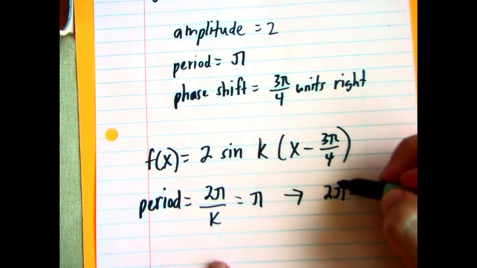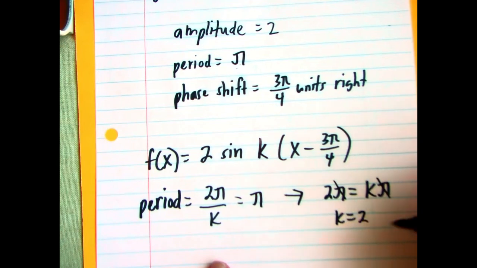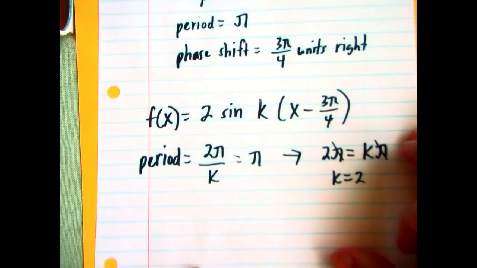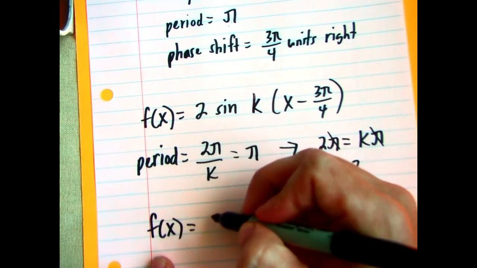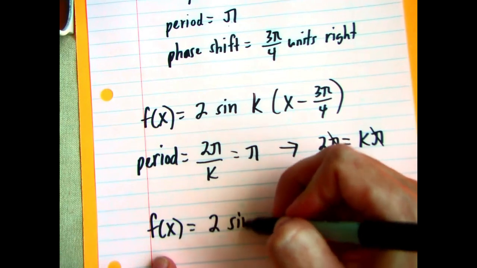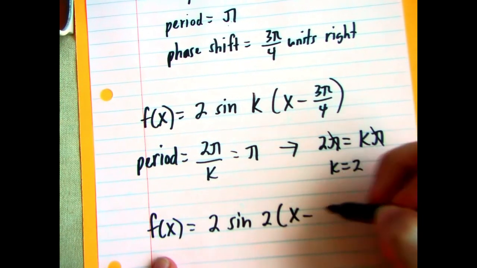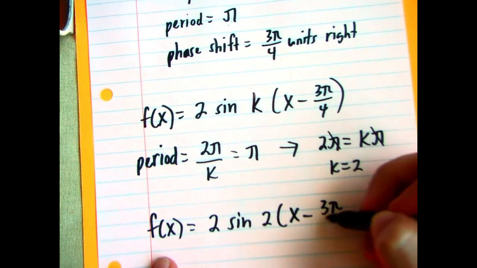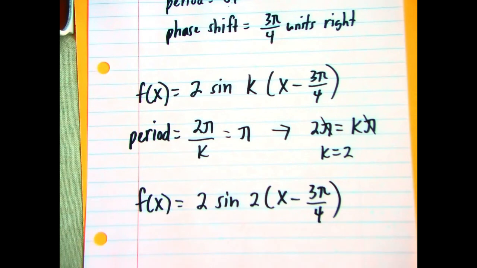So K equals 2. So that's how we can get our K value every time. Once you identify what the period is, set it equal to 2 pi over K and solve for K. So my final equation: 2 sine of 2 times the quantity x minus 3 pi over 4. That is the equation of the graph that we saw the picture of.